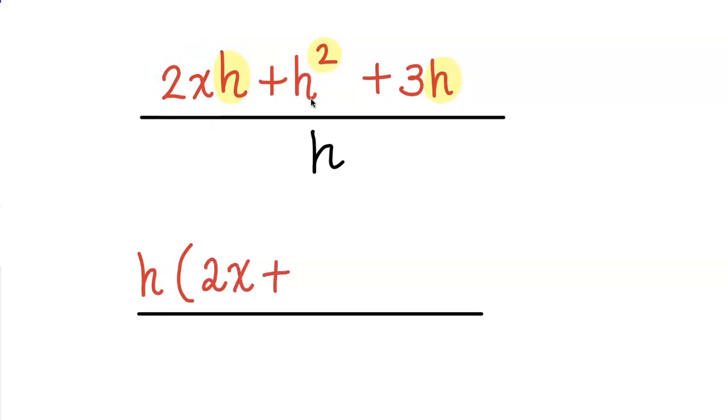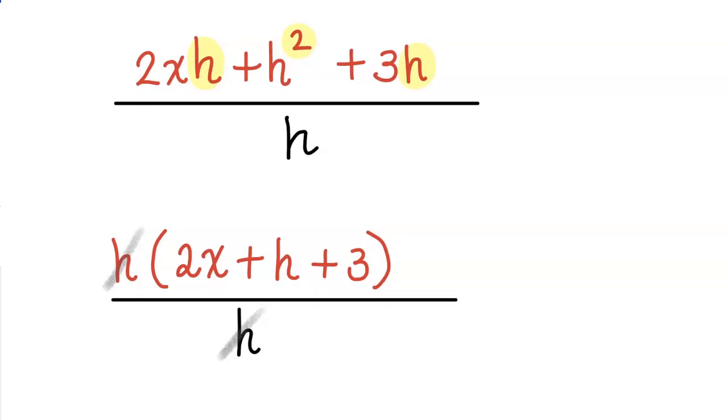The middle term was h squared, but if you factor one of the h out, that will just turn into h to the first power. So I'll just write it as h. And if you factor out the h from 3h, h is gone, and we just have 3. Still all over h. And now what cancels out here? We can cross out that h. Therefore, our final answer, the simplified difference quotient, is 2x plus h plus 3.